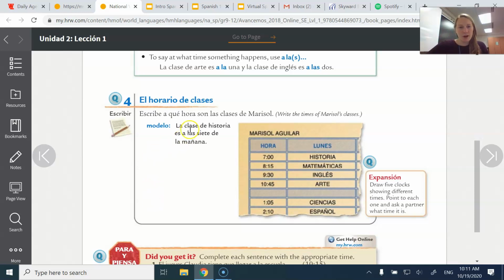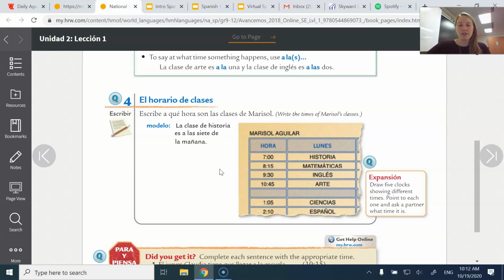Okay, so we already did the first one, right? La clase de historia es a las 7 de la mañana. La clase de matemáticas es a las 8:15 de la mañana. Remember, cuarto means a quarter, and 15 minutes is a quarter. La clase de inglés es a las 9:30 de la mañana.